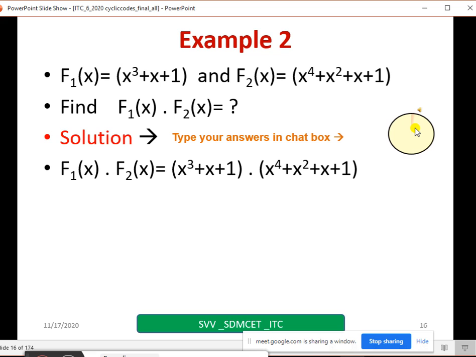All of you know how to multiply, but the one point to remember is that it is mod 2. Wherever x square plus x square comes, it is a 0. So using that mod 2, we have to write the final answer.